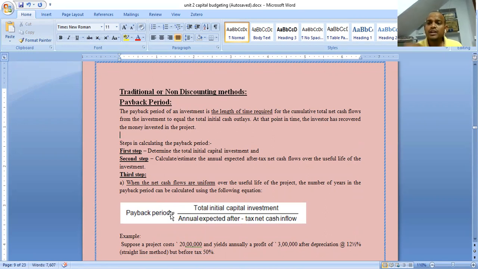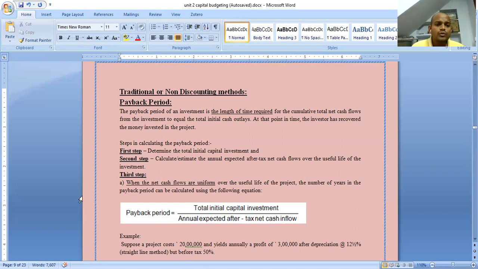Whatever we are investing, whatever the time required, that is the time period to get it back in the form of returns.